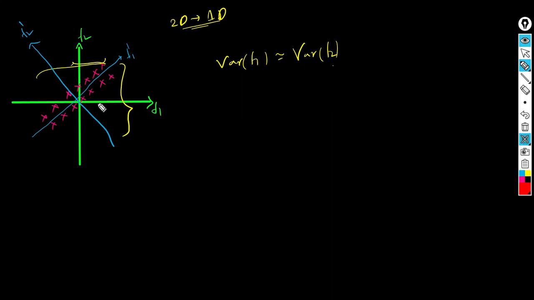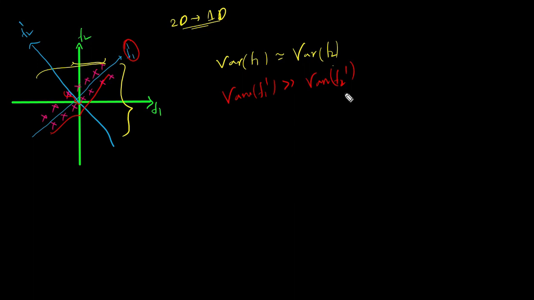Here we can observe that F1 dash has maximum variance compared to F2 dash. By taking only F1 dash we will get the maximum information. That means the variance of F1 dash is greater than the variance of F2 dash, and by taking F1 dash only we will reduce the dimensionality.